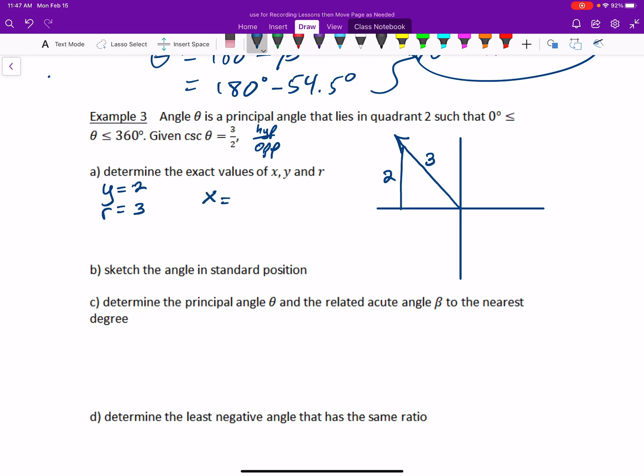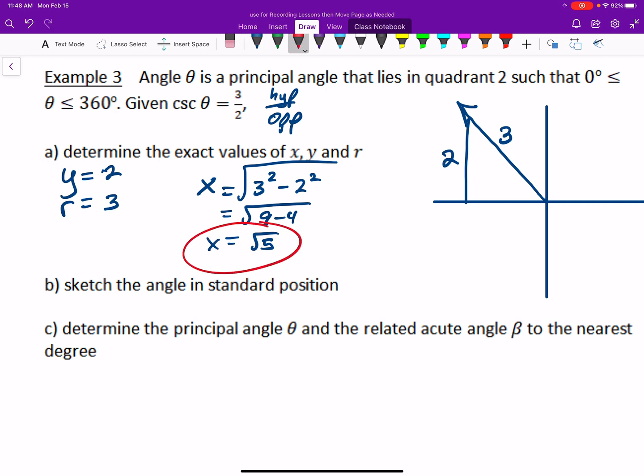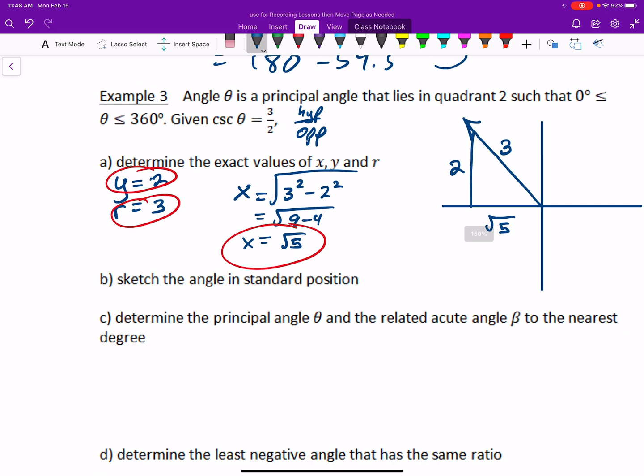It's equal to the hypotenuse squared minus one of the other sides squared. And so it's the square root of 9 minus 4, so it's the square root of 5. So there's my x, y, and r values. That's right, this is root 5.